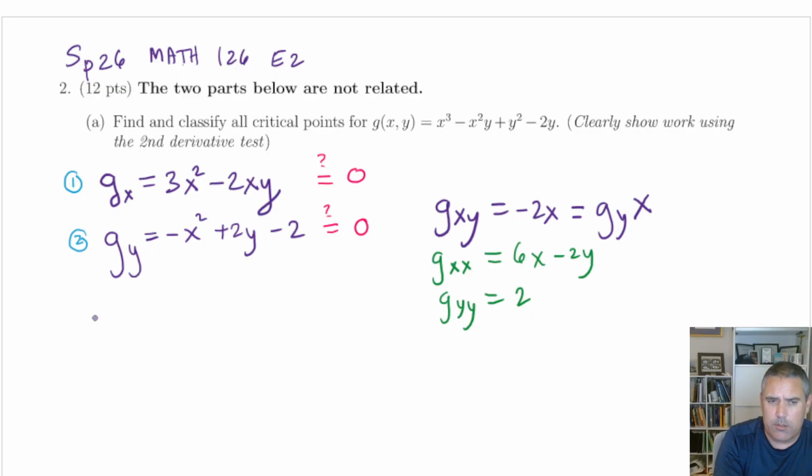Okay, the rest of the problem is about combining, solving, and classifying. Hopefully you've started to build a good routine. I mentioned to always look to factor first, because that breaks it up into small pieces. So I would take the first equation because it factors nicely into x times (3x minus 2y) equals 0.